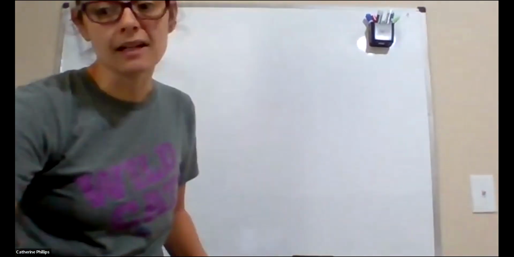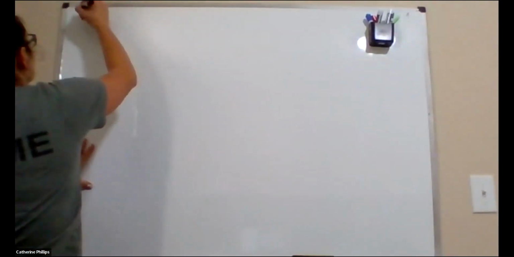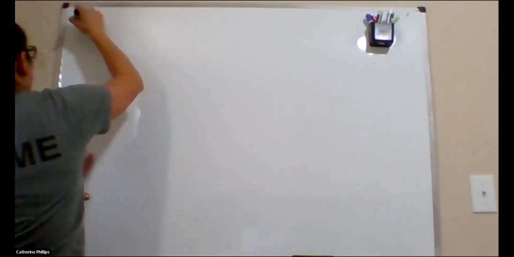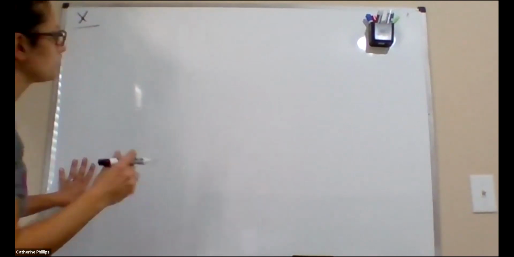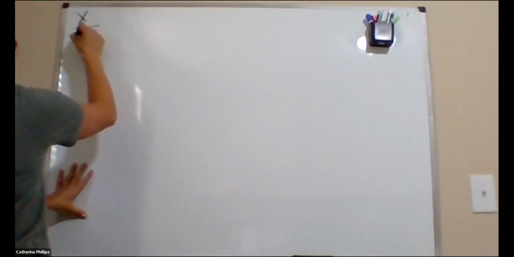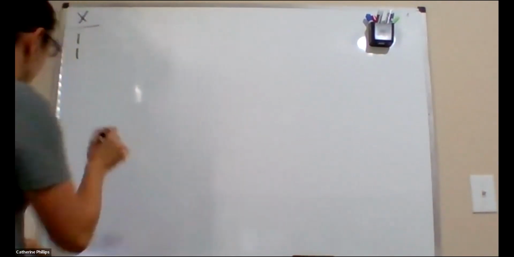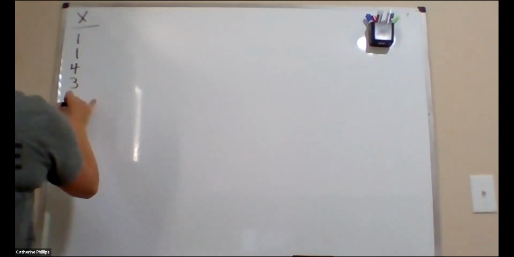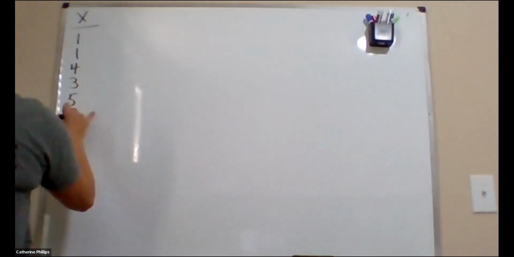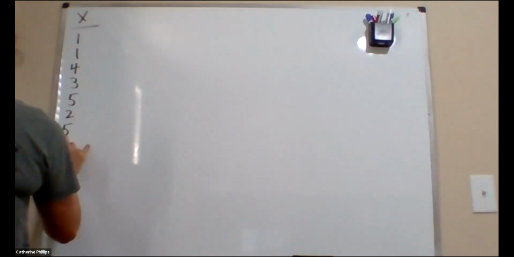So our data, organizing our information, it's going to be tricky with my whiteboard being as small as it is, but I'll make do. Our X values were 1, 1, 4, 3, 5, 2, 5, 3, 1, 5.